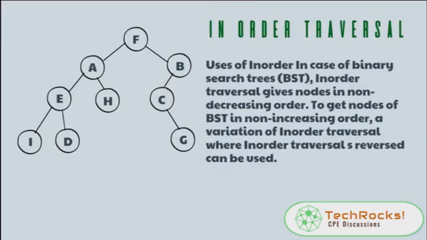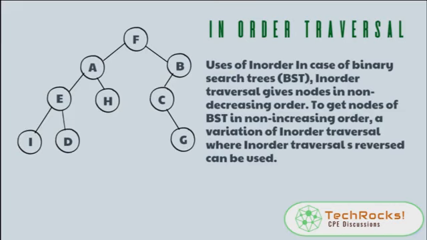Now let's go to in-order traversal, or the uses of in-order in case of binary search trees, or BST. To get nodes of BST in non-increasing order, a variation of in-order traversal, where in-order traversal is reversed, can be used.